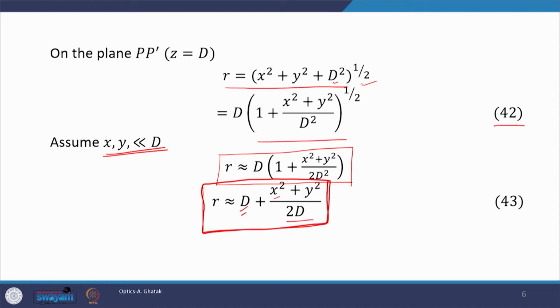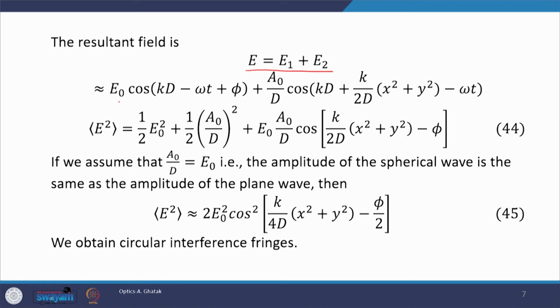Now, let us substitute the expression of r into the expression of the field of the spherical wave. Here it is the resultant field. The expression of E1 is given by this relation, where we have replaced z by d.